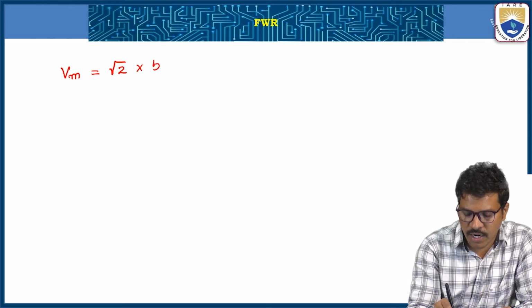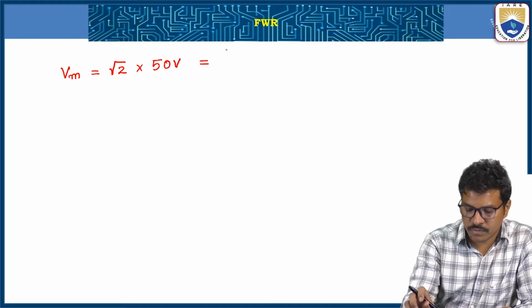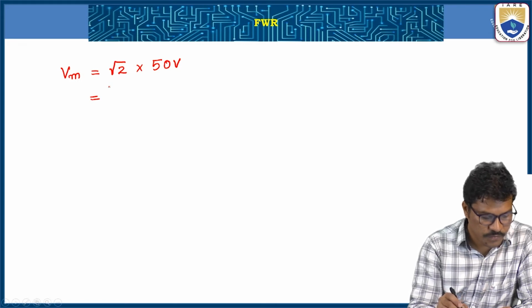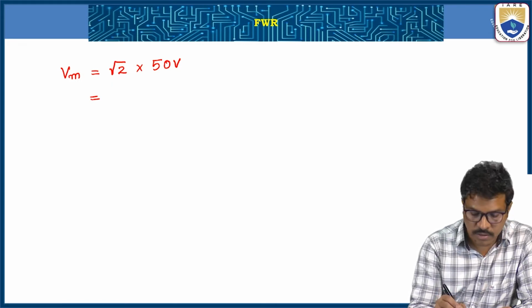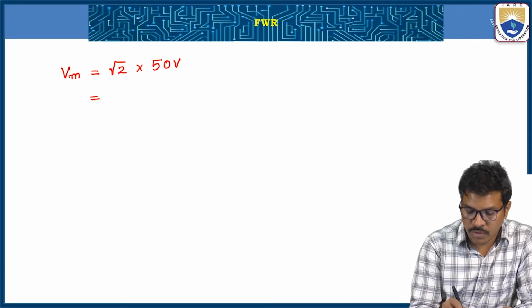That value, already mentioned in the problem, is 50 volt. So Vm is root 2 into 50 volts.